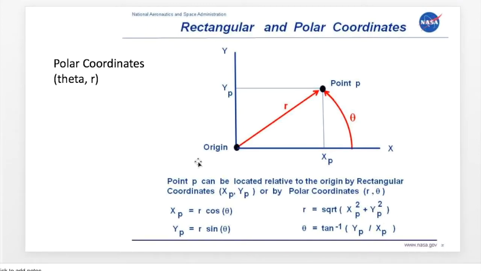But the LCPC works in the polar coordinate system because it's just more intuitive in terms of rasterizing an image, that is, dividing up an image into segments.